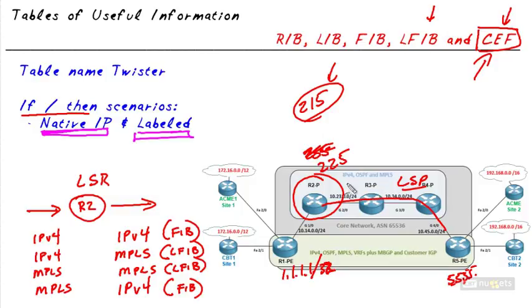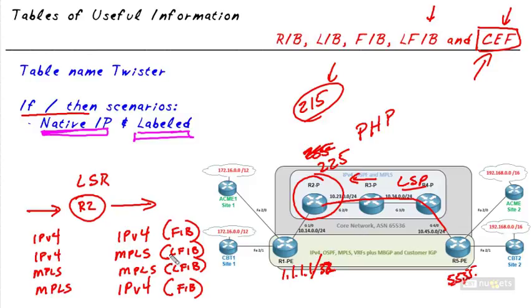So as R3 forwards a packet to 1.1.1.1 over the LSP, R3 would go ahead and swap out the label that it received with label 225 as it sends it over to R2, and then R2 says, oh my goodness, R1's advertising the implicit null, the reserved number 3 label, which means I need to pop off that label and simply forward it as naked IPv4 to R1. He's being a good buddy by doing the penultimate hop popping of that transit label.